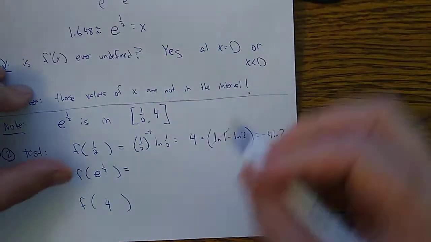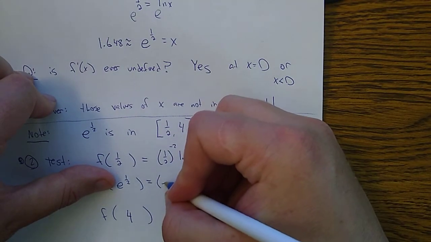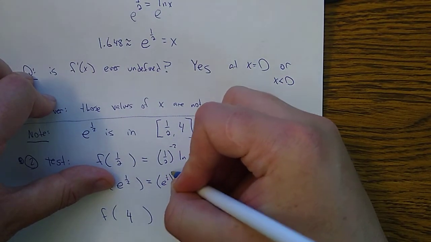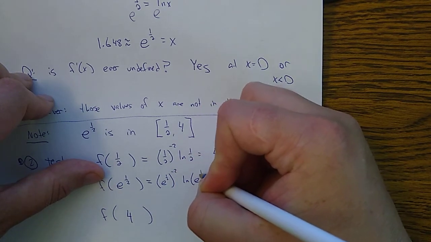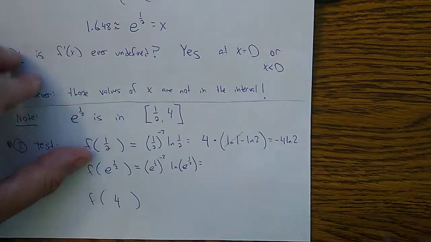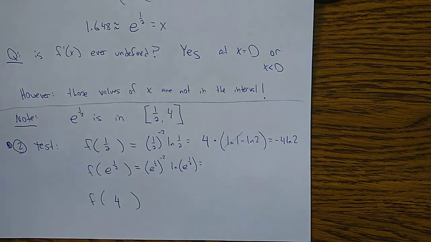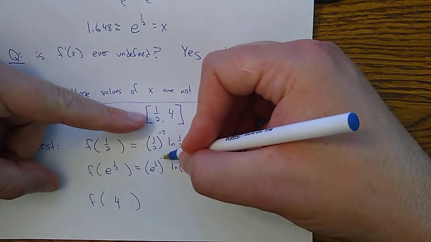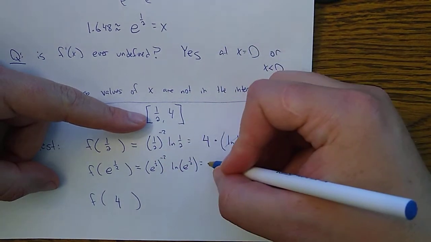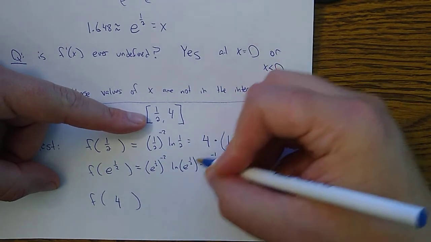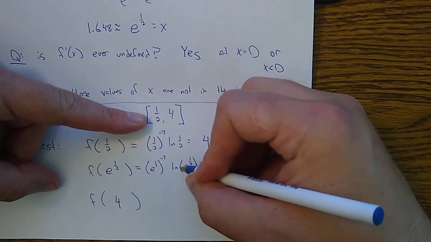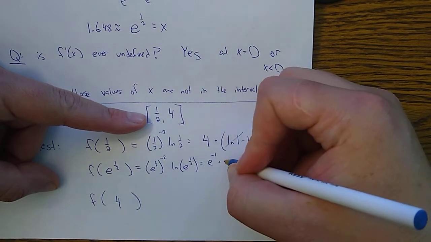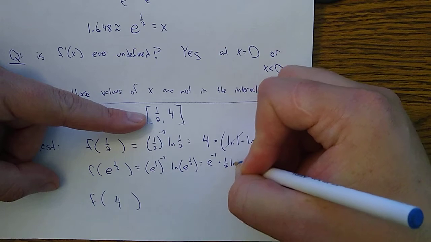What is this one? E to the 1/2 to the -2, natural log e to the 1/2. If I have a power to a power, I can multiply them, so that's like e to the -1. If I have natural log of a power, I can bring the power down.